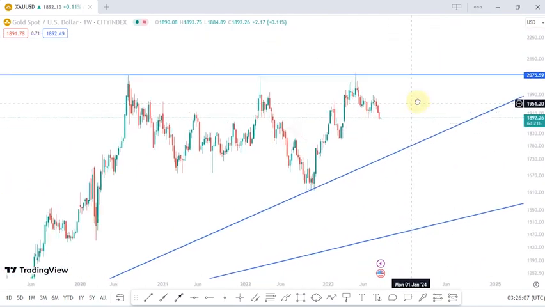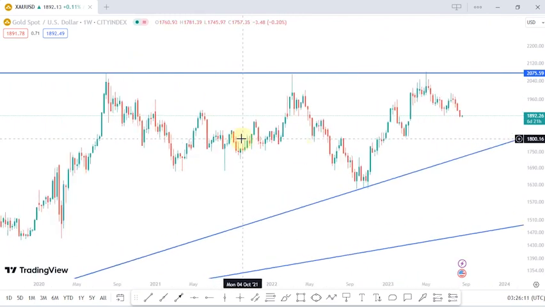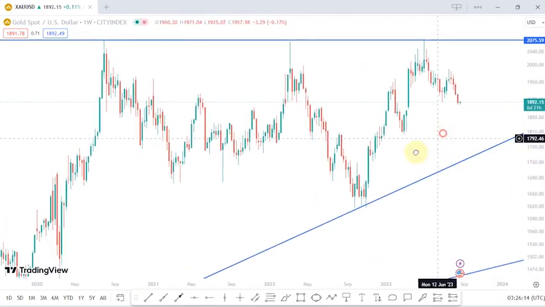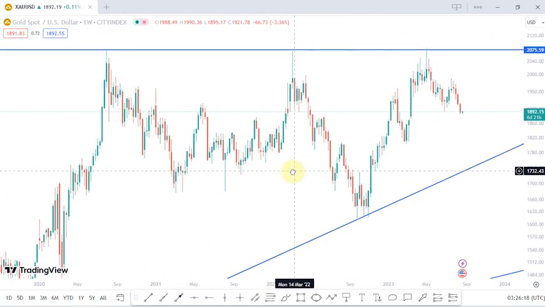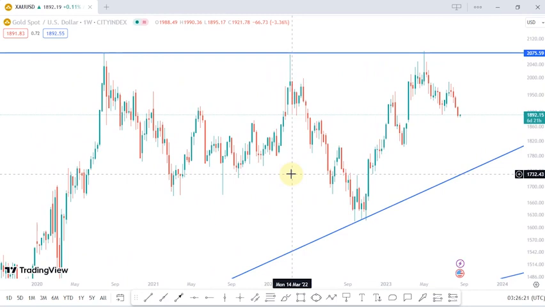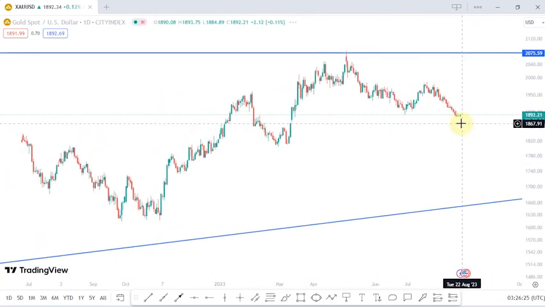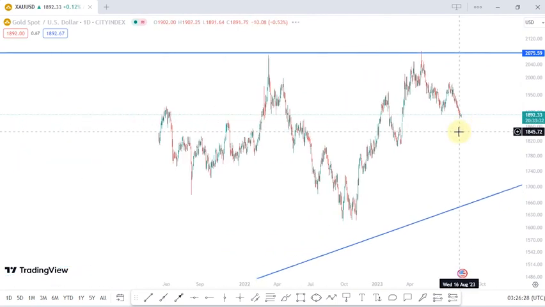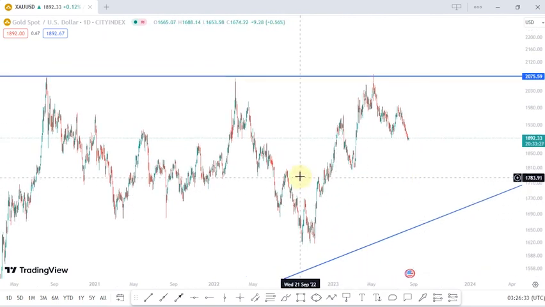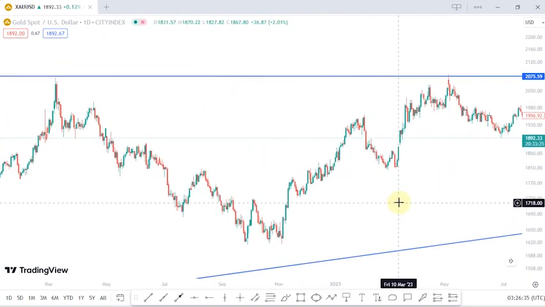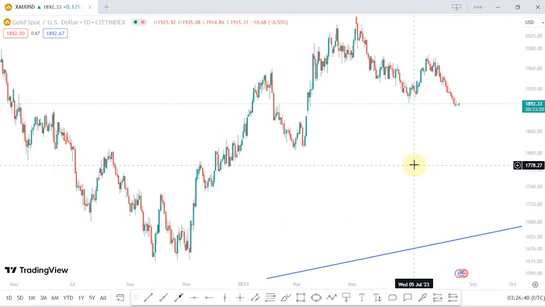And what can we find from the weekly time frame? Nothing much, so I go down to the daily. And from the daily time frame, I can see what price is about to do.